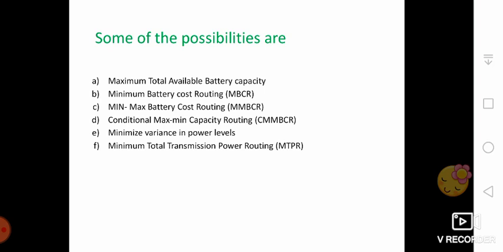So the goal is to find the assignment of transmission power values for each transmitter, given the channel attenuation matrix, such that all the transmissions are successful and that the sum of all power values is minimized. MTPR is of course also applicable to multi-hop networks.